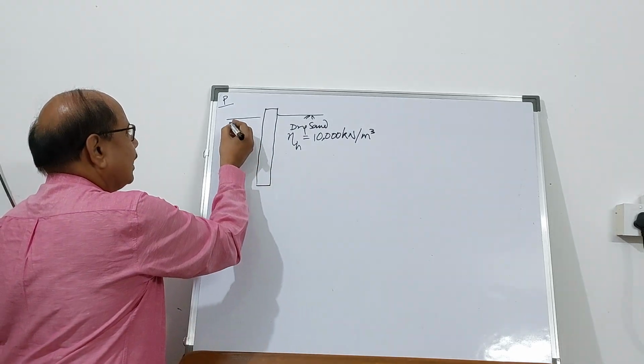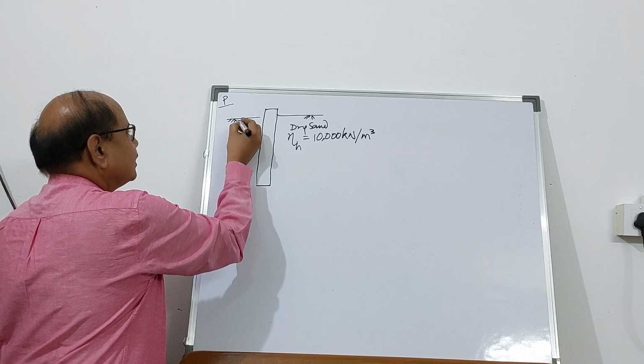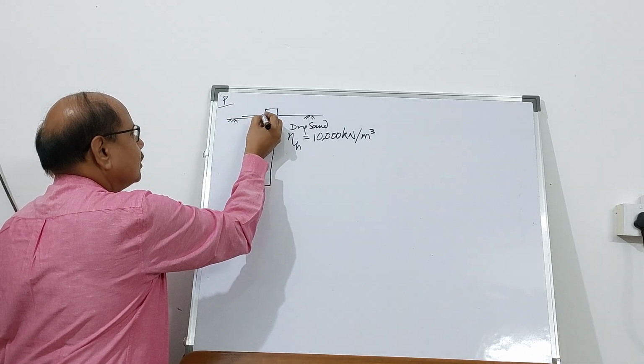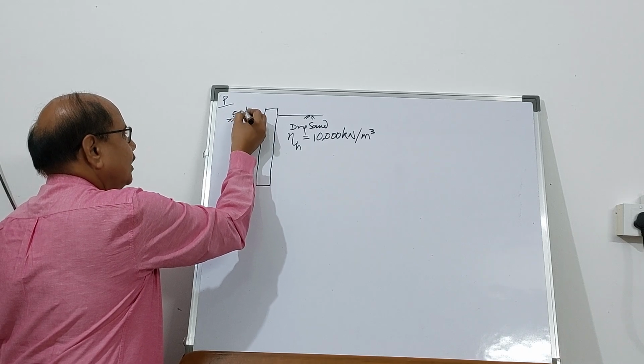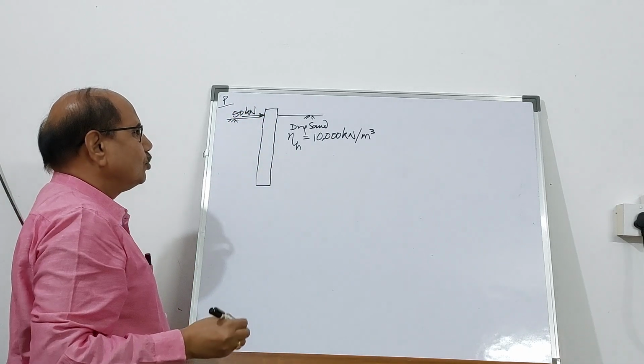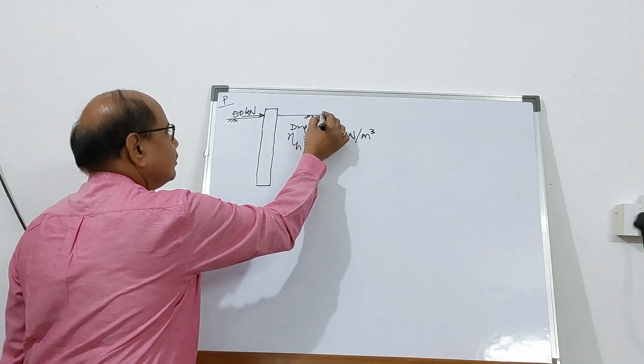Let's say this pipe is subjected to a force of 50 kilonewton at the ground level.